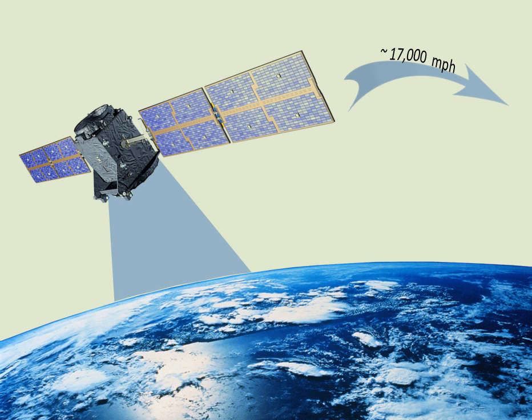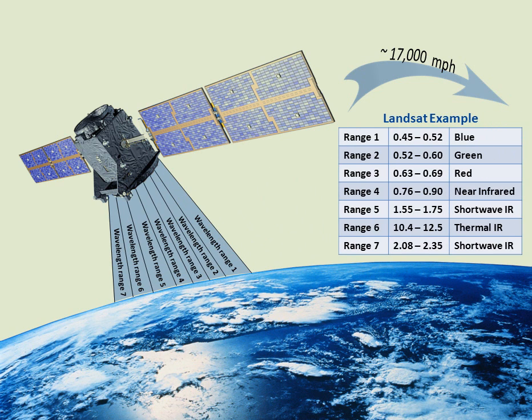Another way to look at this from an Earth observing satellite standpoint is to imagine that the satellite is in orbit around Earth, traveling about 17,000 miles per hour, and its sensor is designed to look down and record data that it receives at the sensor itself within a number of ranges of the electromagnetic spectrum.